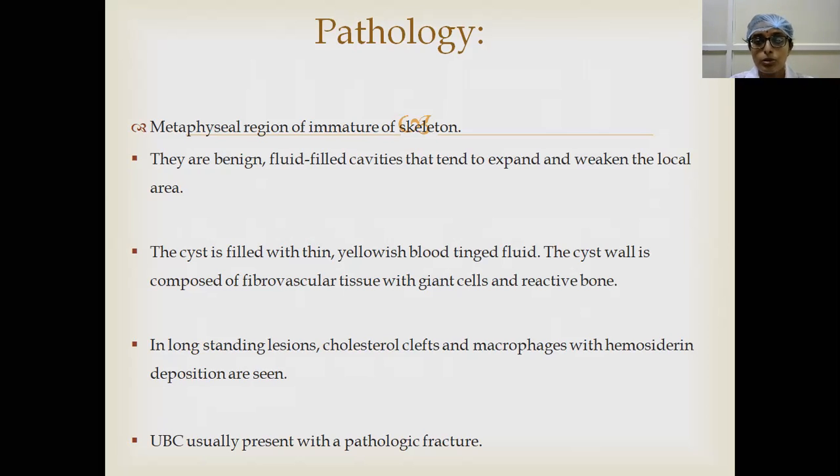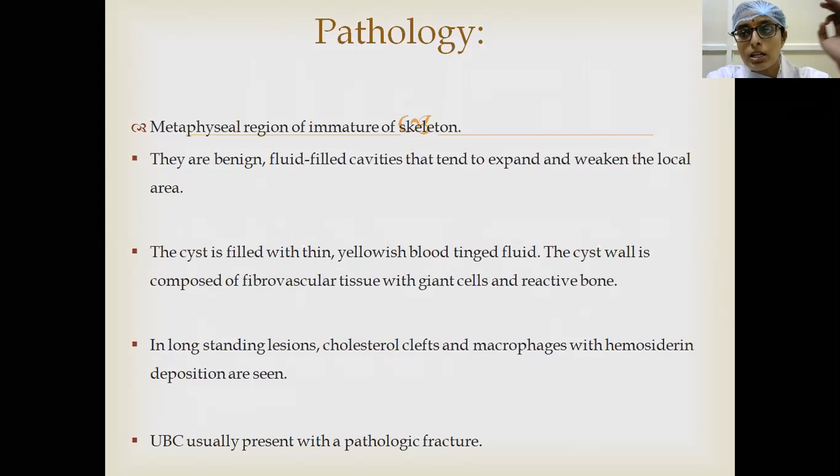It has benign fluid-filled cavities, and they tend to expand and weaken the local area. Histologically, these cavities are filled with prostaglandins, prostacyclins and other materials which lead to destruction and expansion of the surrounding bone.